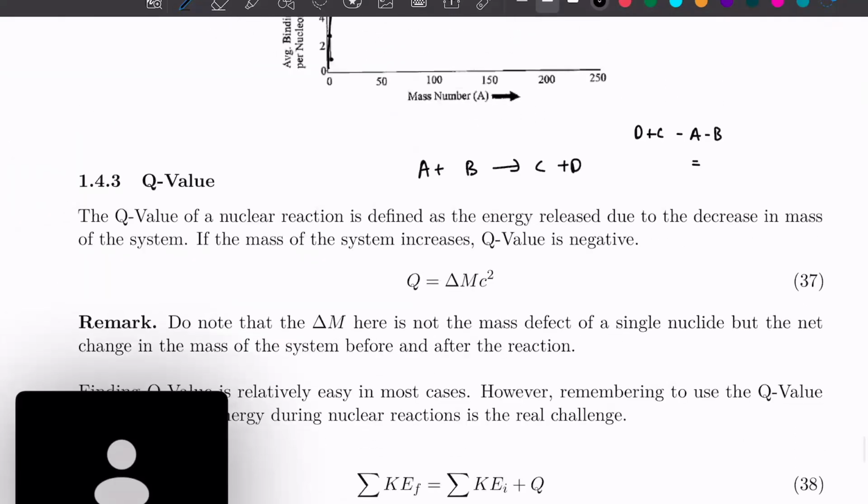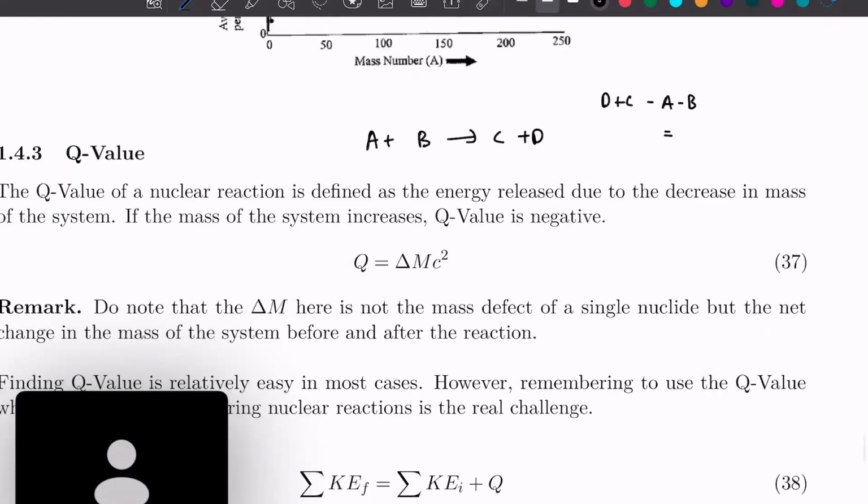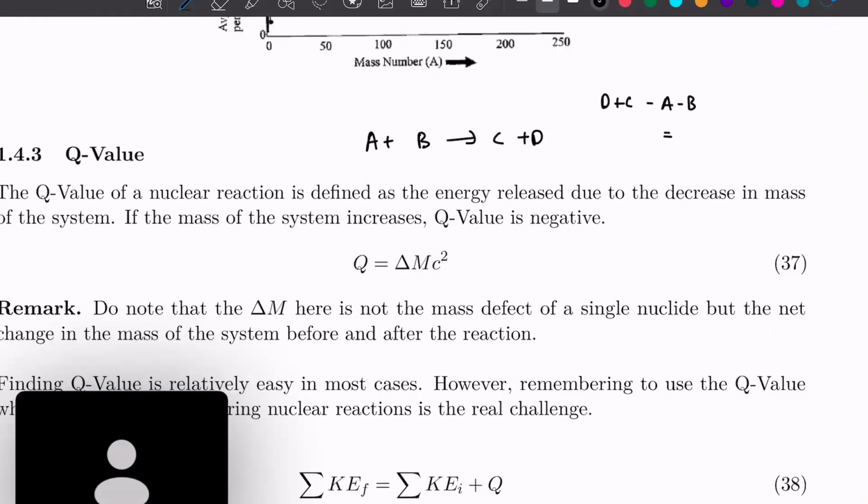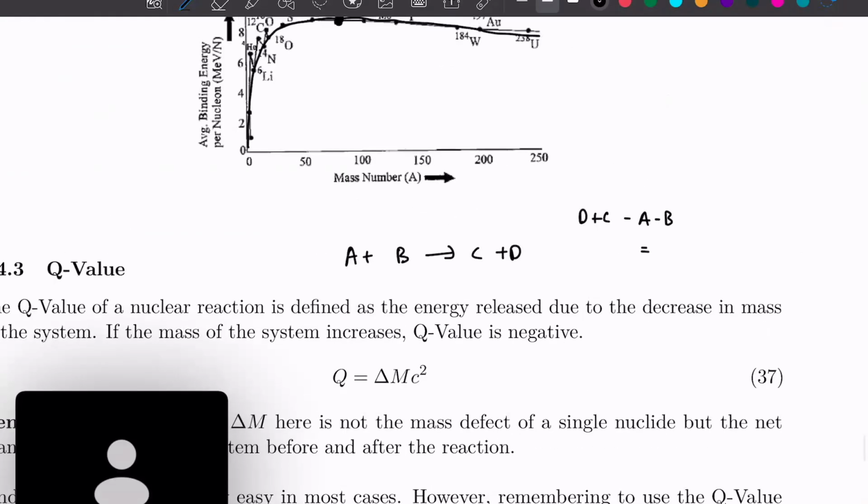Then energy is released, which makes sense because the mass of the system has decreased. That means the energy of the system has decreased. Since energy is conserved and the energy of the system has decreased, that means energy has been released.